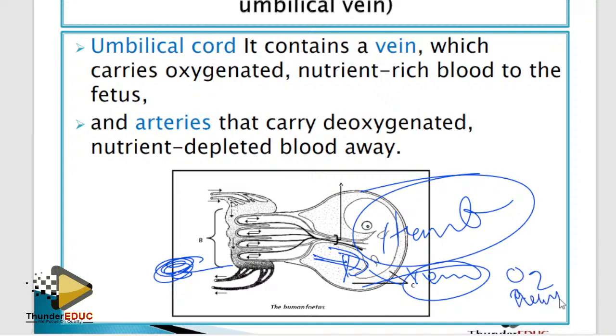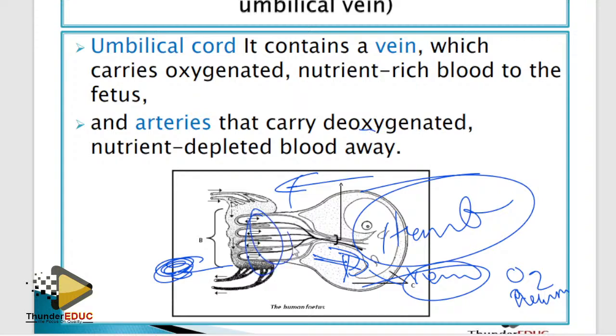And then the blood vessel which goes away from the heart is called the artery. Because this artery is going to the mother, it has more carbon dioxide and waste products, meaning that it will have deoxygenated blood. That's the trick behind it, nothing else. Here, done. How do you call this?